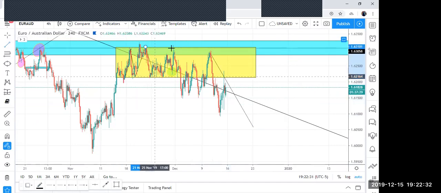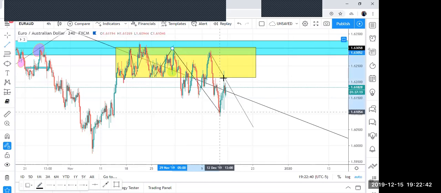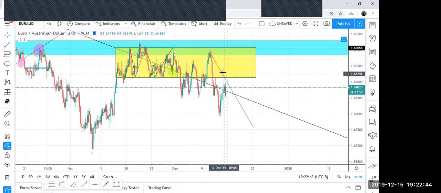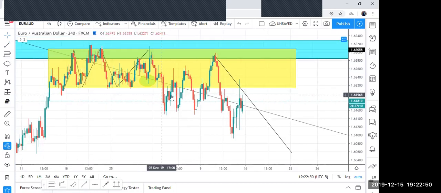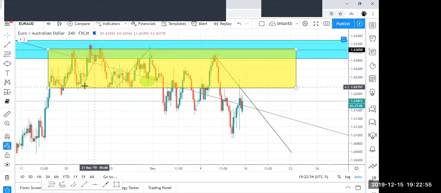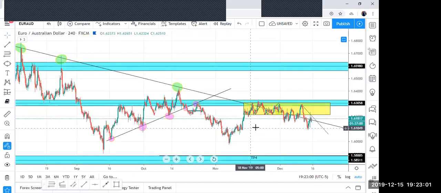Resistance, support, resistance. Price broke out, didn't give us this retest here, came back up, went back to the zone, and then it broke out. We got this long wick in this consolidation box. This is the last kiss to me, even though they said close outside. We didn't ever get that retest. But this support turned to resistance right here with this long wick. So I'm looking for this to drop this week.